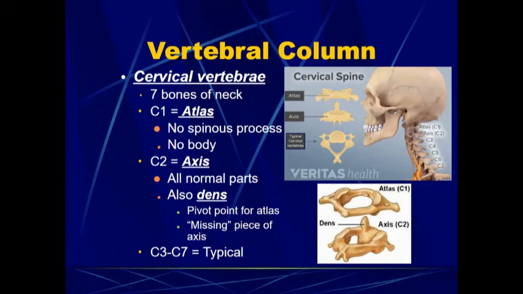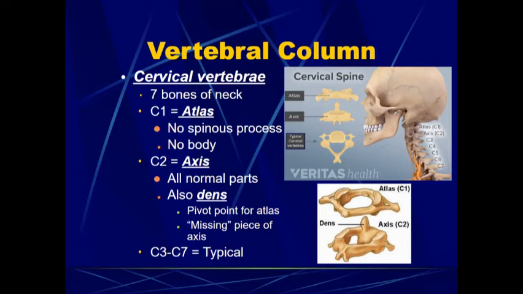The next one down, the C2, is called the axis. This has all the normal parts of a typical vertebra. It's got the body, the foramen, the spinous process, and the transverse processes, but it also has an extra part called the dens. The dens protrudes upward, and it provides a pivot point for the atlas.